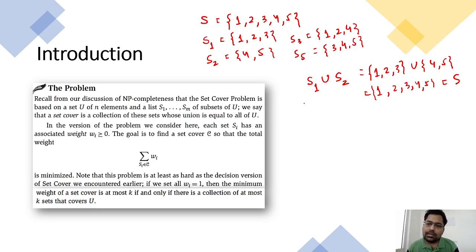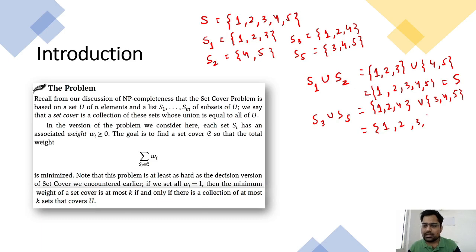You can combine them, and it will give you the same result as we get from S also. S3 union S5: 1 2 4, then union 3 4 and 5. Here 1 2 3 4 is common, so you keep that once. It is also giving the set cover.